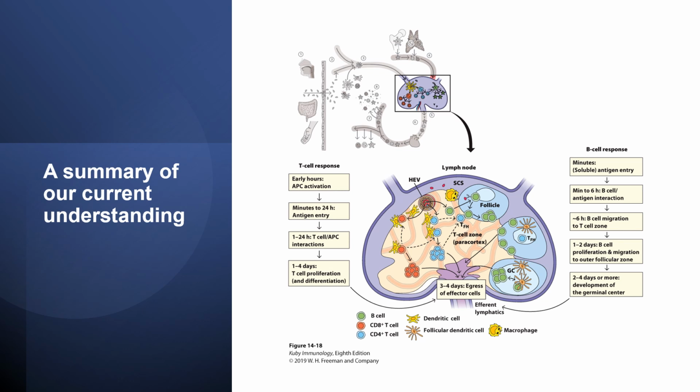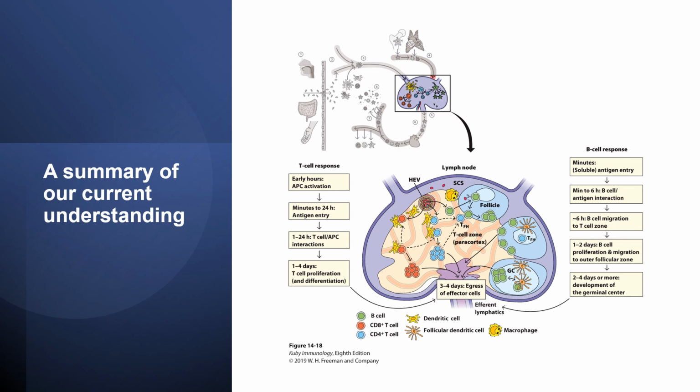Over that first day of encounter between the antigen-presenting cell and the T cells, you start to get early activation events. You get the formation of those immunological synapses as those two types of cells communicate with each other, and the cytokine secretion that supports the maturation and then the proliferation of those cells.